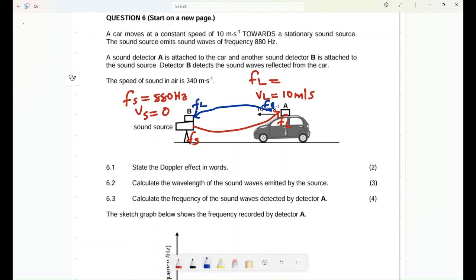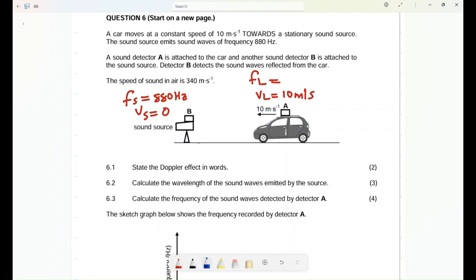Can you see now? From the sound source to A, the source emits the frequency and A becomes the listener. But from A to B, A is now the one emitting, so it becomes the sound source. Then B becomes the listener. I strongly believe you are following.